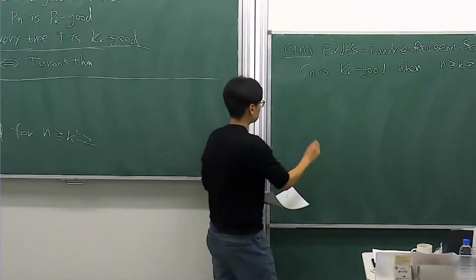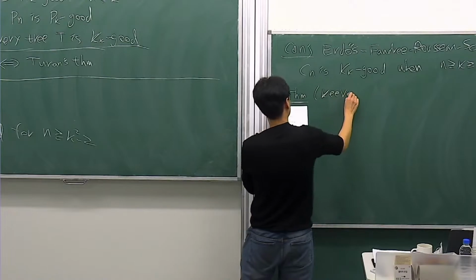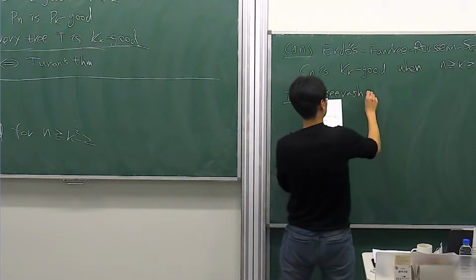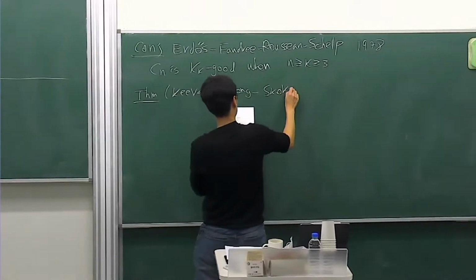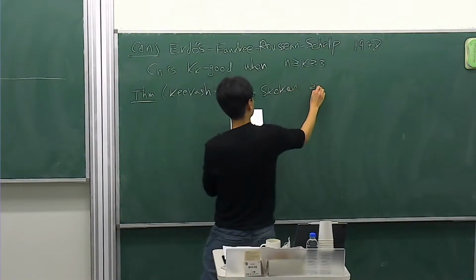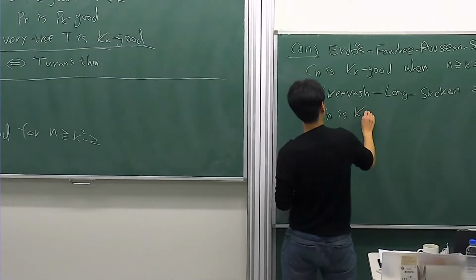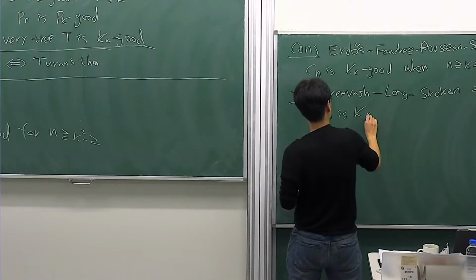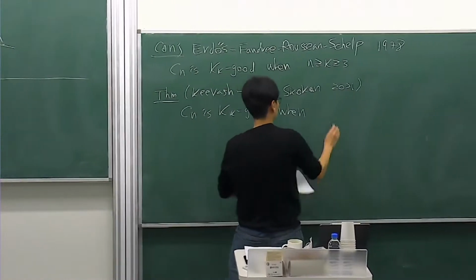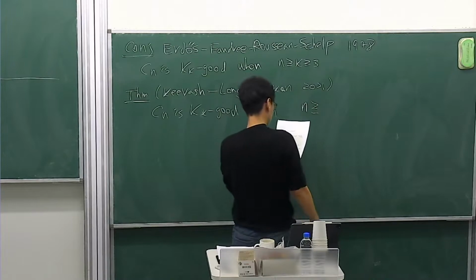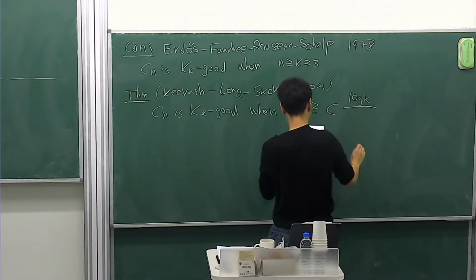And recently, Keevash, Long, Skokan proved that this is true in a strong sense, in that this n bigger than k is not really necessary. It could be smaller.